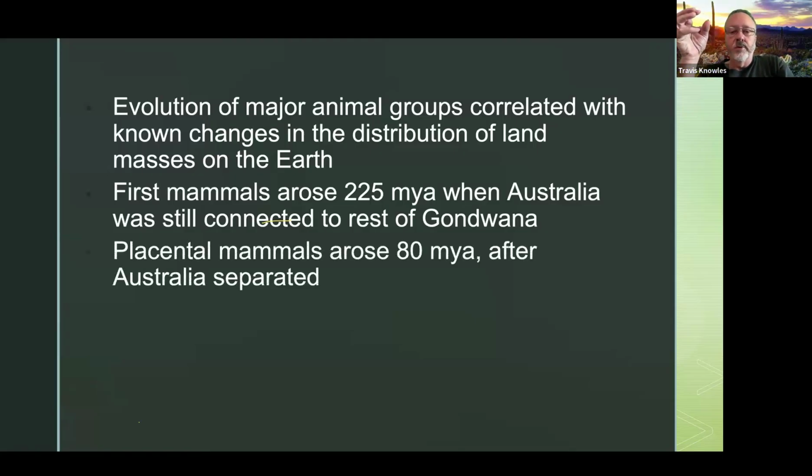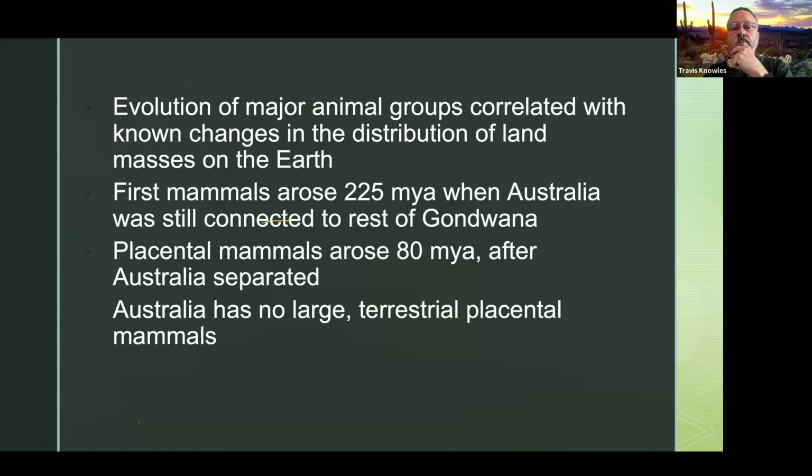The placental mammals, which are mammals with a placenta, including humans, arose only about 80 million years ago, and that was after Australia had already split apart. Remember, I showed you that Australia had separated around 65 million years ago? So the first mammals that made it onto Australia were not placental mammals, and then the placental mammals had no way to get there because Australia was out there in the ocean by itself, drifting for 65 million years to its present place.